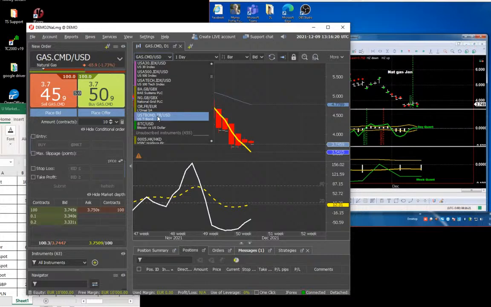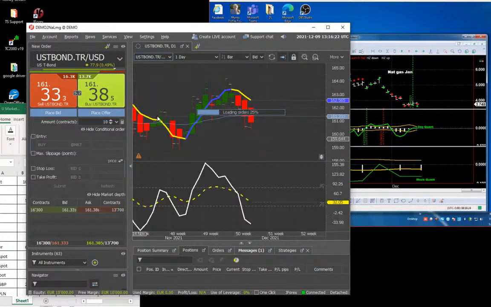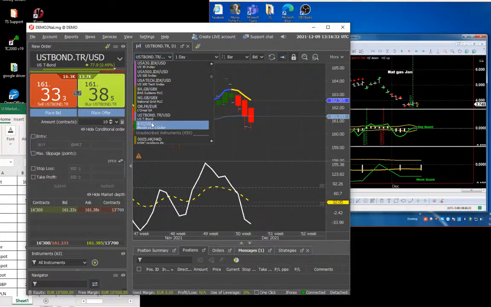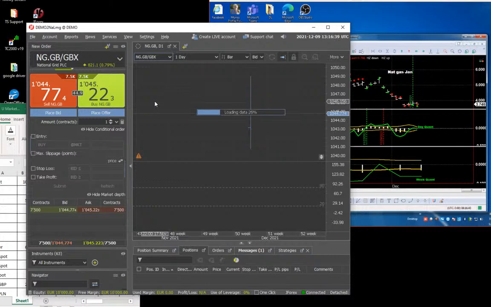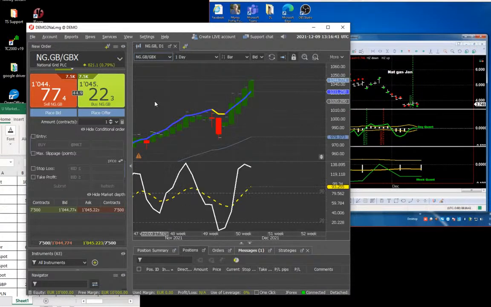That's what that is right there. Yeah, so that's the bond. And then, let's see, I thought there was another gas on here. Is that British gas? I think that's British gas, isn't it? Yeah, it's a natural gas, and that's British natural gas. You can see where that's at. It's up definitely higher than what American gas is.